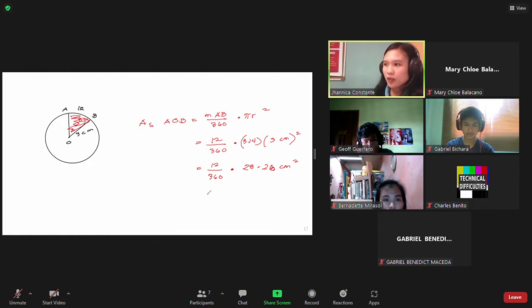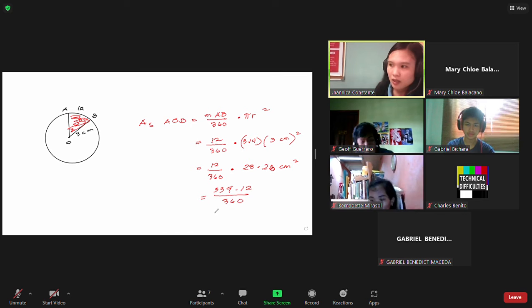So 12 times 28.26 is equal to 339.12, divided by 360. So the area of our sector is equal to 0.9 centimeters squared.